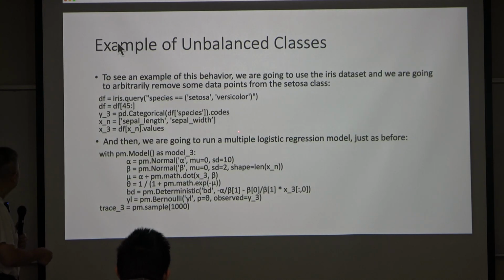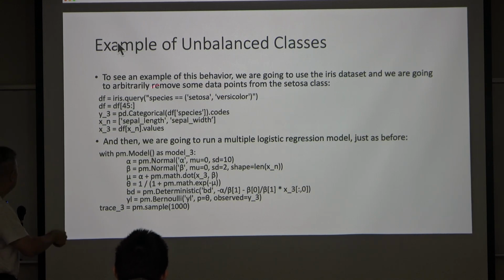We only get five, because we get rid of the first 45 entries from the Setosa class, but we keep all the entries in the Virginica class. So the ratio for these two classes is 5 to 50, 1 to 10.